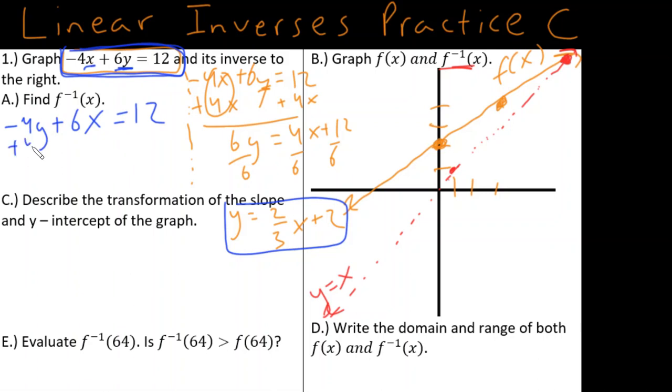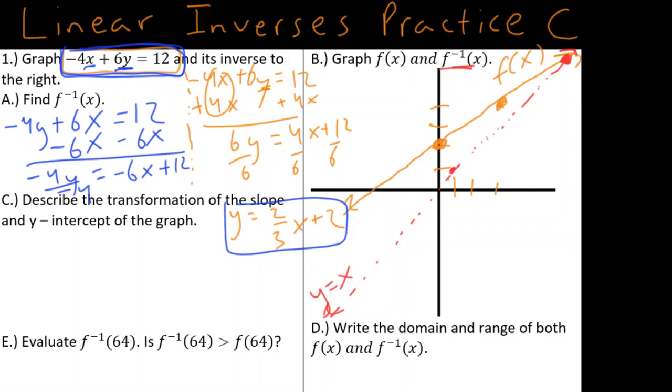Now from here, I can add 4y to both sides, plus, oh wait, I'm so sorry. Guys, what letter are we trying to get by itself? We are trying to get the letter y by itself. So I will subtract 6x. I will move my x instead of my y. So now I have negative 4y is equal to negative 6x plus 12.